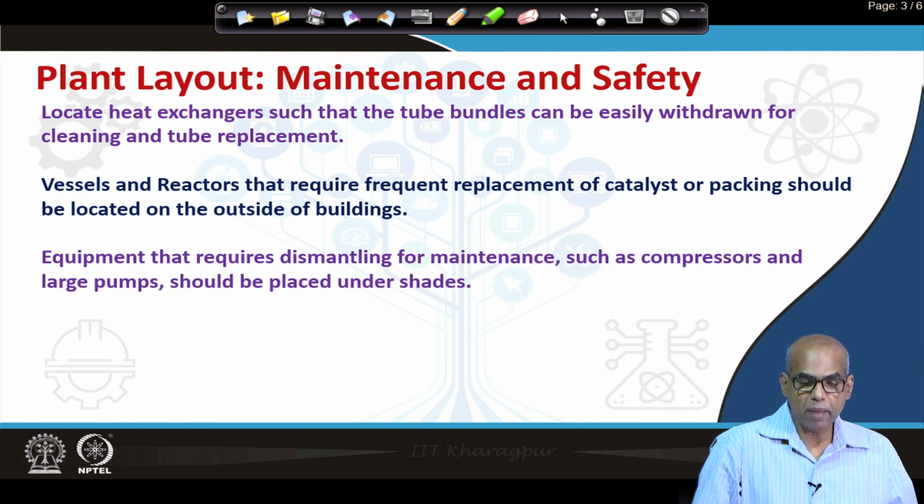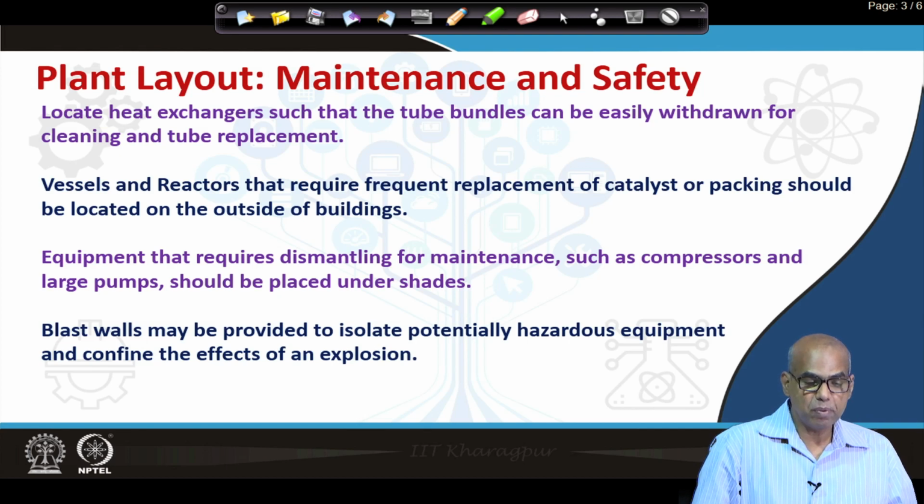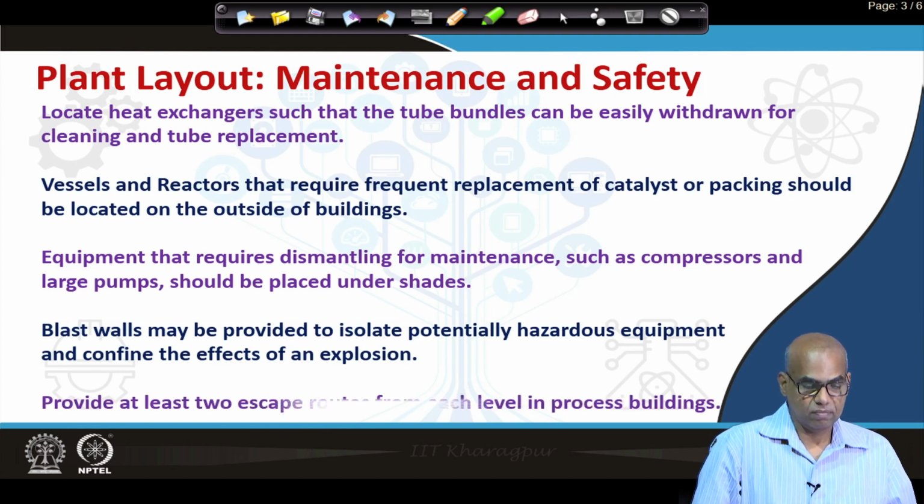Equipment that requires dismantling for maintenance, such as compressors and large pumps, should be placed under shades. Blast walls may be provided to isolate potentially hazardous equipment and to confine the effects of an explosion. Provide at least 2 escape routes for operators from each level in process buildings.